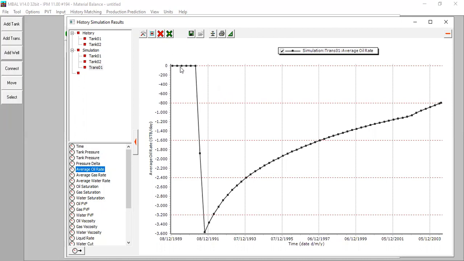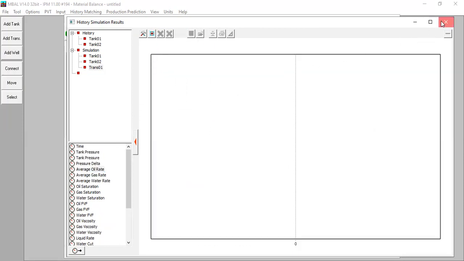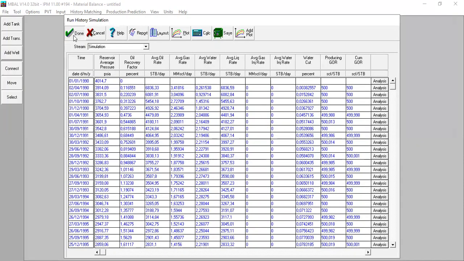But after that, there is flow. That's why here we have a negative value showing the support from tank 2 to tank 1. Previously there is no flow. That's what we can plot in the transmissibility. Very interesting. Okay, click done.